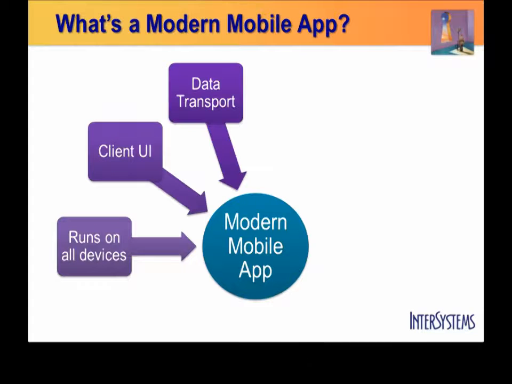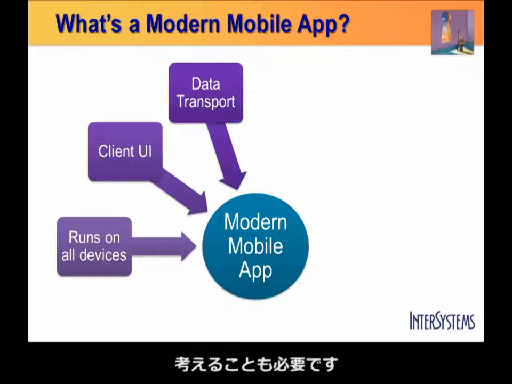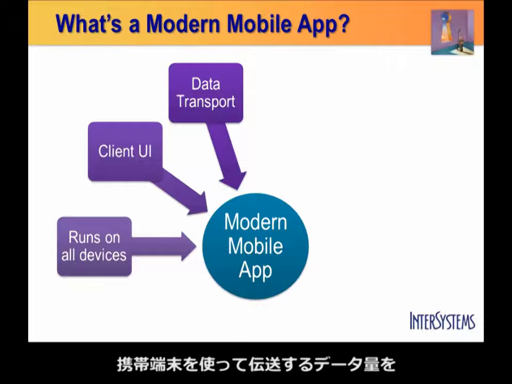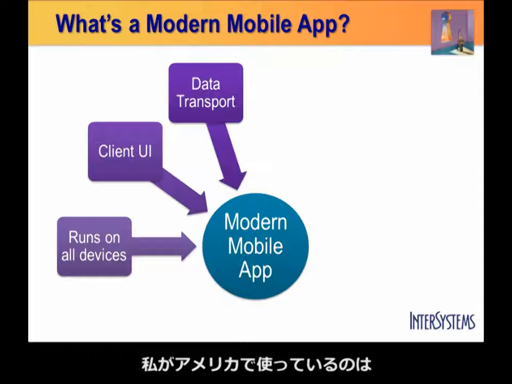You need to figure out how to solve the problem of data transfer, okay? Because that's a big thing. So you want to minimize the amount of data that you're transferring to and from the mobile device because you don't want to exceed somebody's plan. I don't know how your plans work here, but in the US, the plan that I have is a 5 gigabyte per month mobile plan, okay?